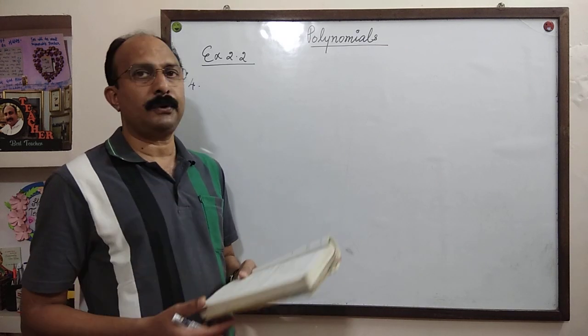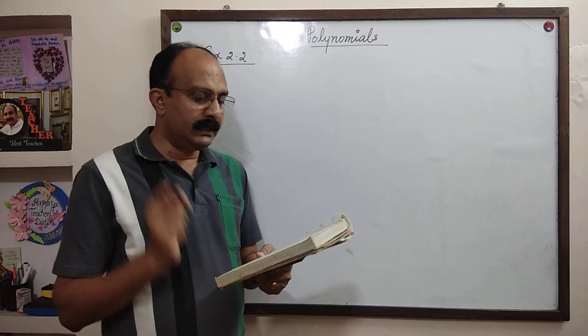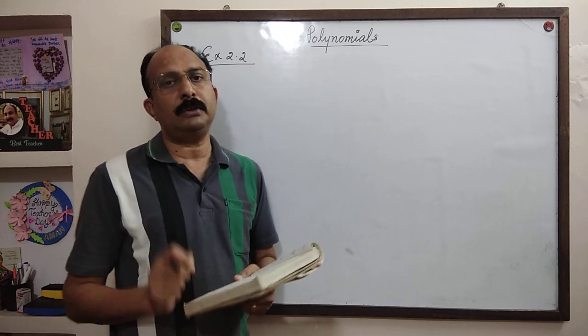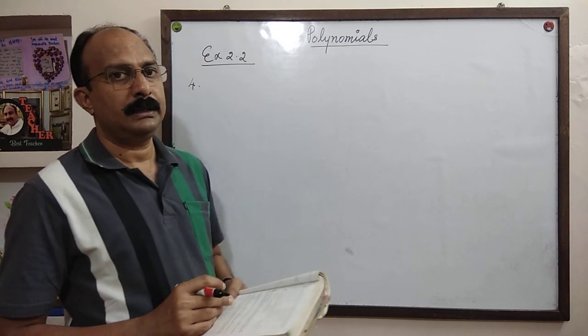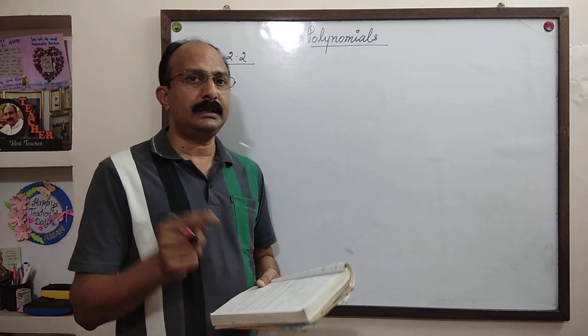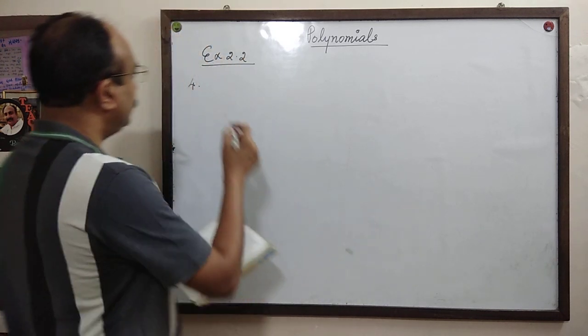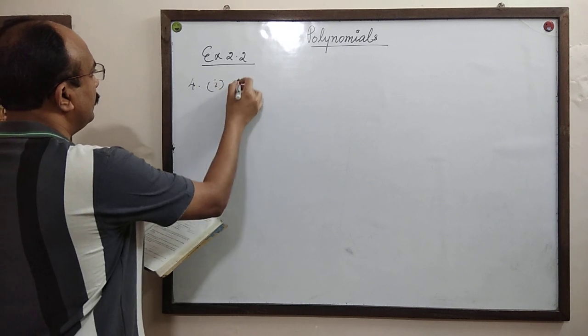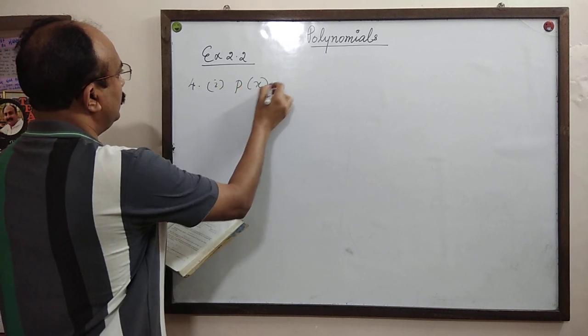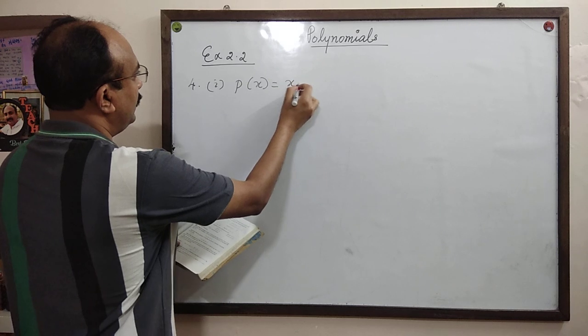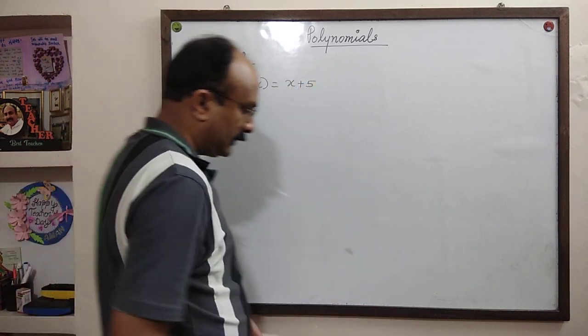Now question number 4. Find the 0 of the polynomial in each of the following cases. Now we are asked to find the 0 of the given polynomial. First one, p(x) is equal to x plus 5.